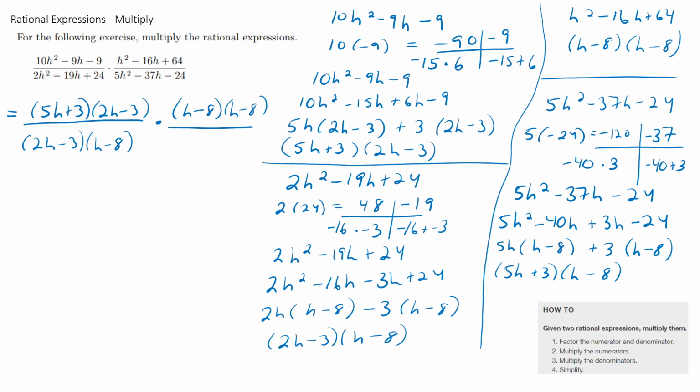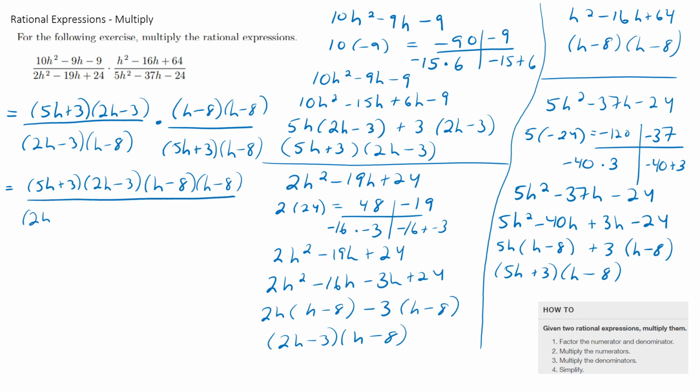Second denominator, I've got 5h plus 3 and h minus 8. And remember when we talked about multiplying fractions, we multiply straight across. So this is equivalent to 5h plus 3 times 2h minus 3 times h minus 8 times h minus 8, all divided by 2h minus 3, h minus 8, 5h plus 3 and h minus 8.